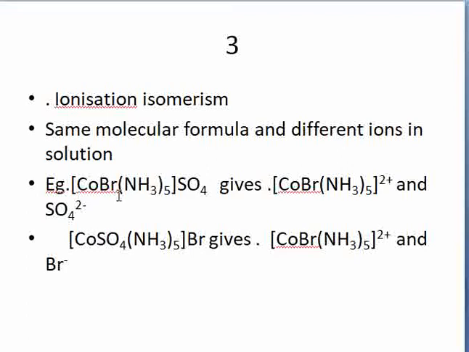In the first complex, SO4 2- ion and a complex cation are produced. In the other, with the same molecular formula, Br- and a different complex cation are produced. This type of isomerism is called ionization isomerism.